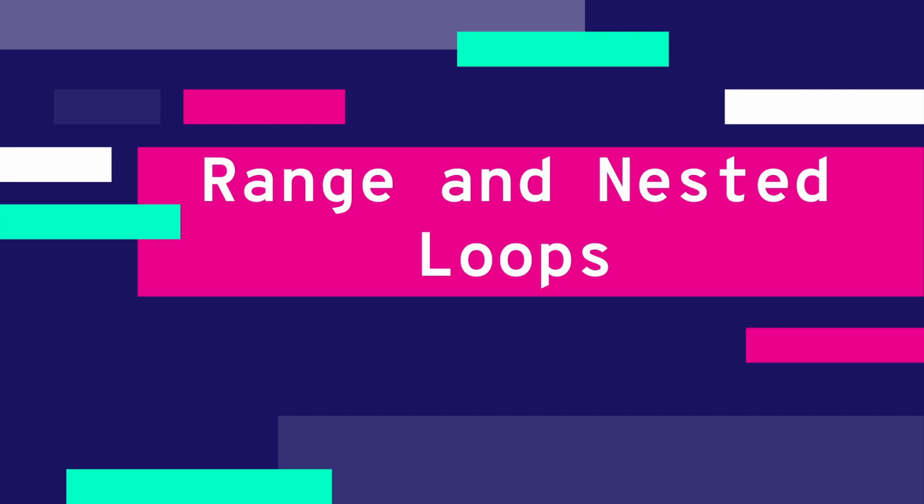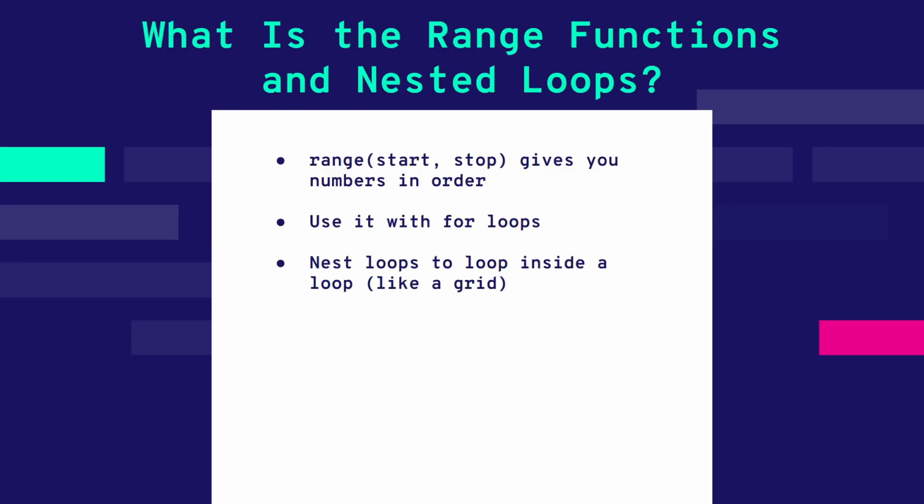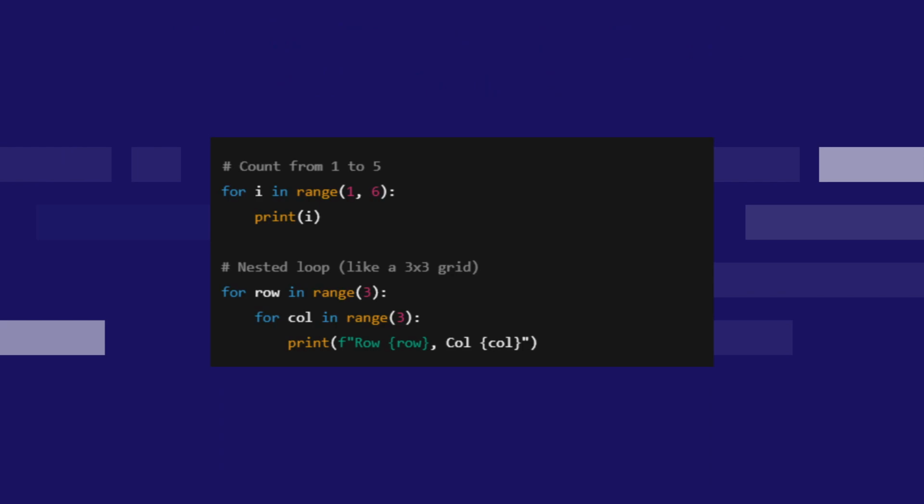First, we'll start out with range and nested loops. What are range functions and nested loops? The range function is basically used for counting in loops, like I showed before in a previous example. If you want to count 1 through 5, you can just do range 1 comma 6.